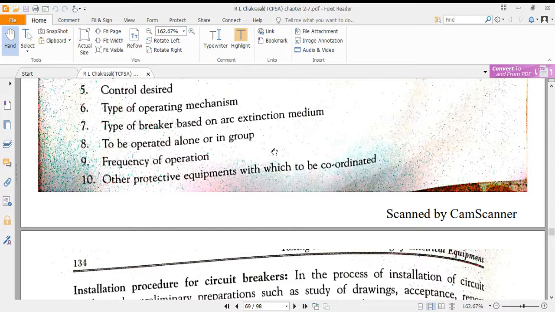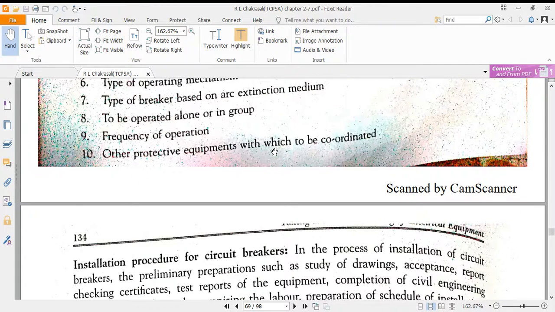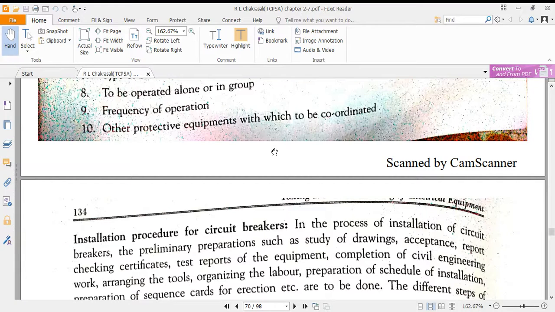Frequency of operation. Frequency of operation means after sensing the short circuit, how much time it has to wait before operating. And once it operates, operate means it actually opens.